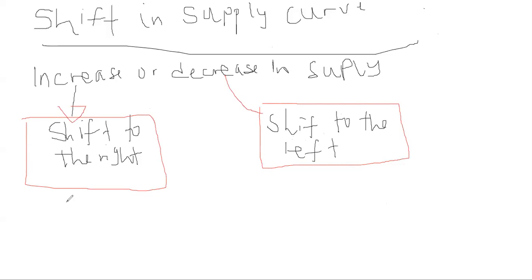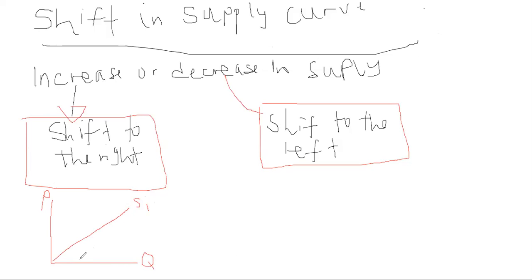So for example, let's look at a diagram here, shift to the right. Let's say this is our supply curve. Then we have price here, and we have quantity here. Let's say this is our original supply curve at S1. Let's say there is an increase in supply.